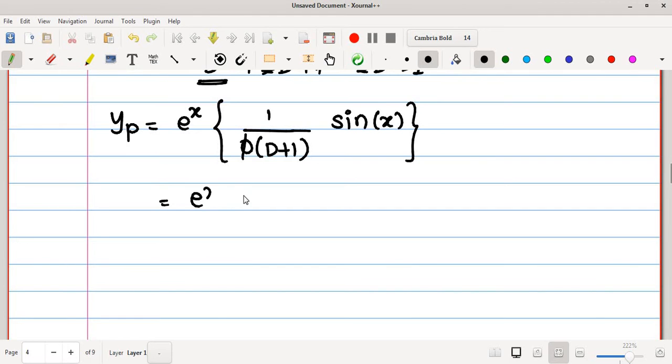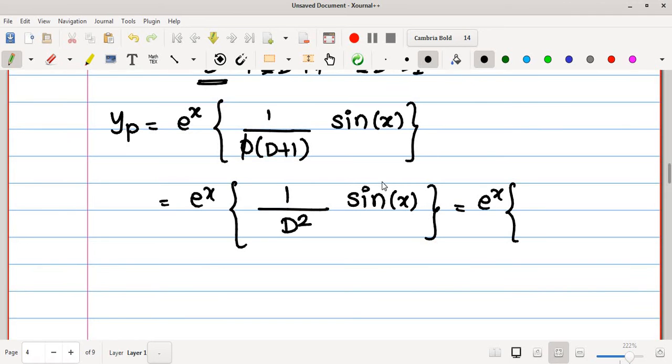So it is equal to e raised to x outside, D square is the remaining term, and we operate it on sin x only. First, if you integrate sin x just once, that value will be minus cos x, and if you take the integration of minus cos x, that will be minus sin x. So the required particular integral will be minus e raised to x into sin x.